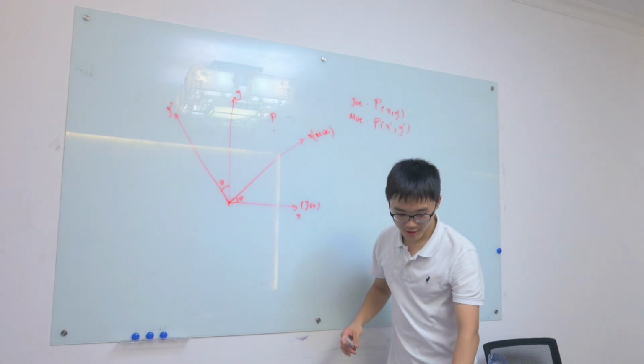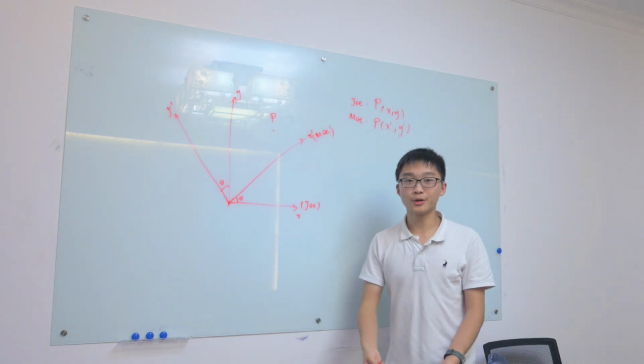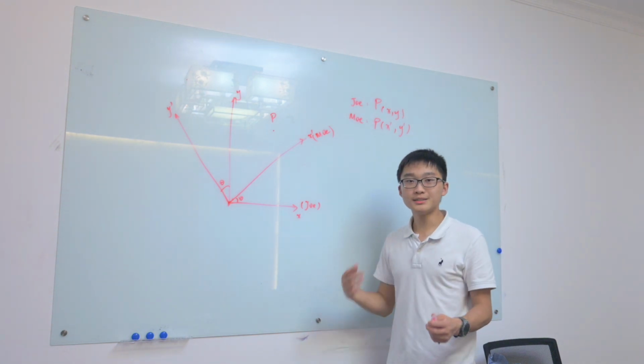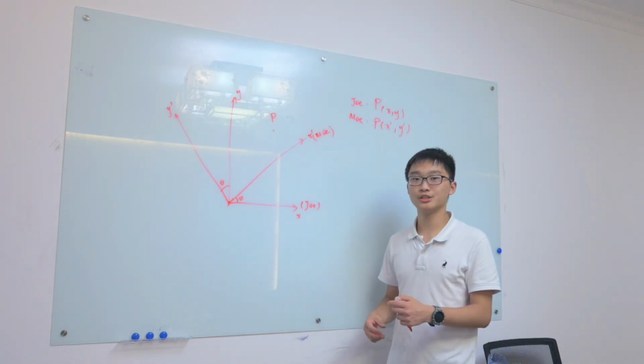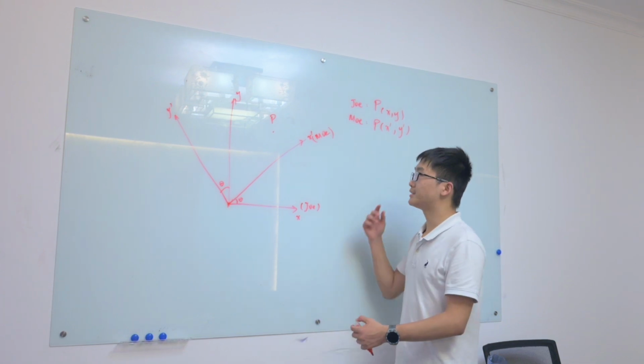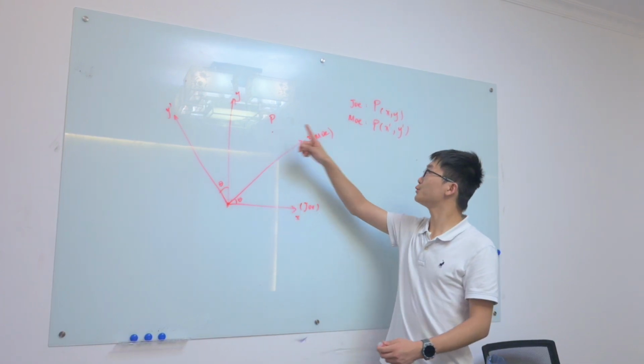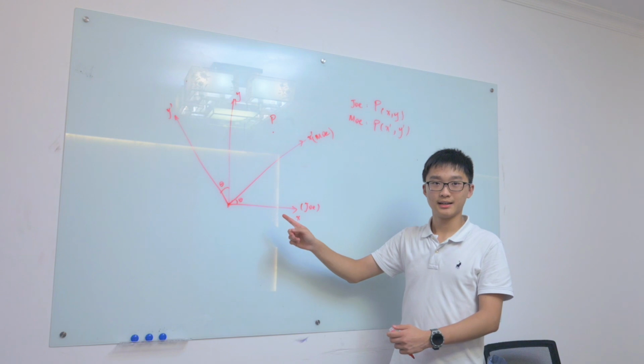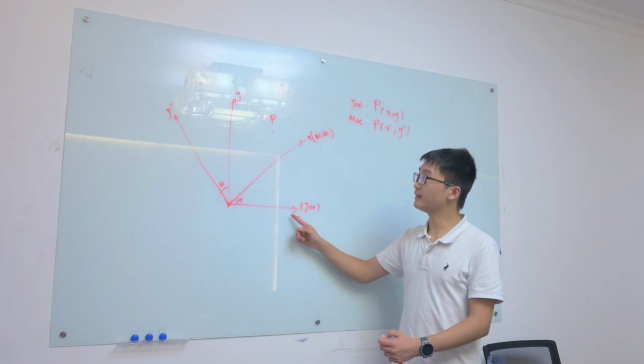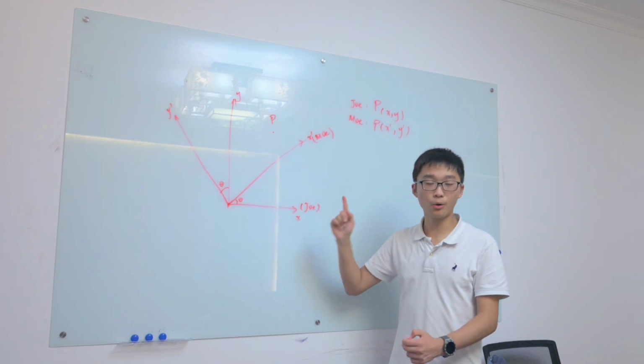And so, just like last time, when we were talking about translations, we can use Galilean transformations to establish a relationship between these axes in different coordinate systems.